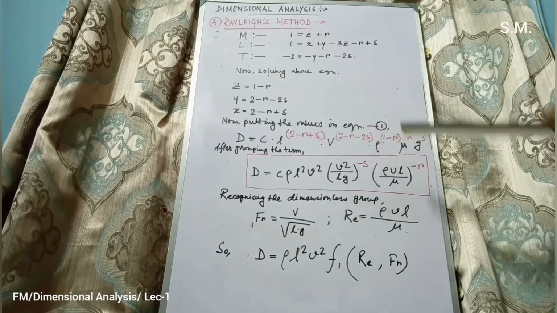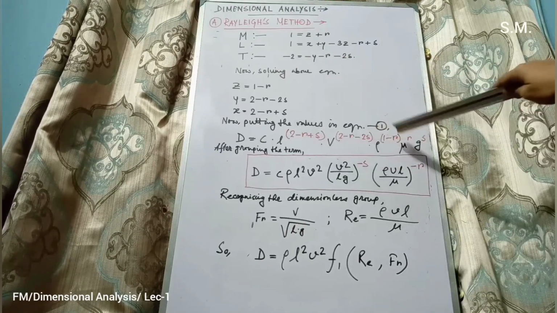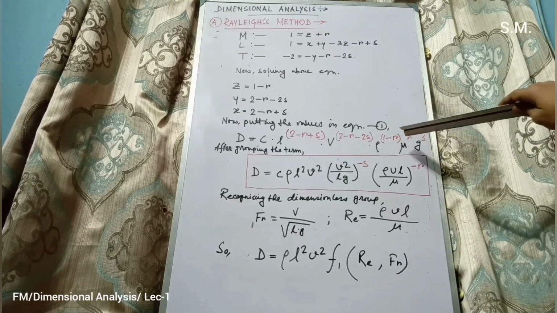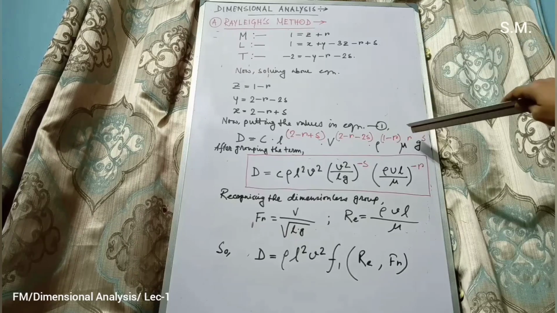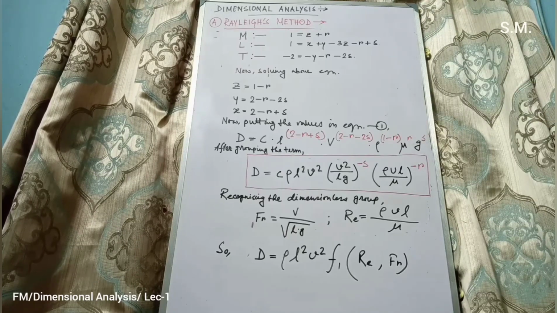And the power of rho is Z, so we are putting the value of Z here. And after that, the power of mu is R and the power of G is S. So we are putting the values of the powers X, Y, Z in equation number 1.